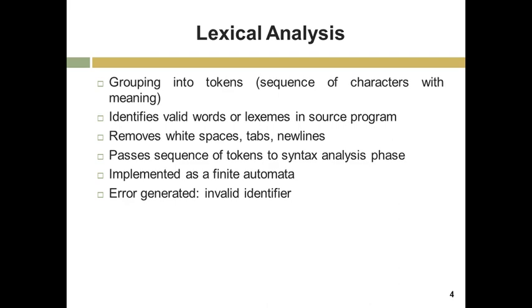Now, lexeme means whenever we write any program using any source programming language, then individual words in the program are known as lexemes. For example, void is one lexeme, main is another lexeme, opening bracket is third lexeme, closing bracket is fourth lexeme, comma, semicolon, all the operators, all of them are independent lexemes.